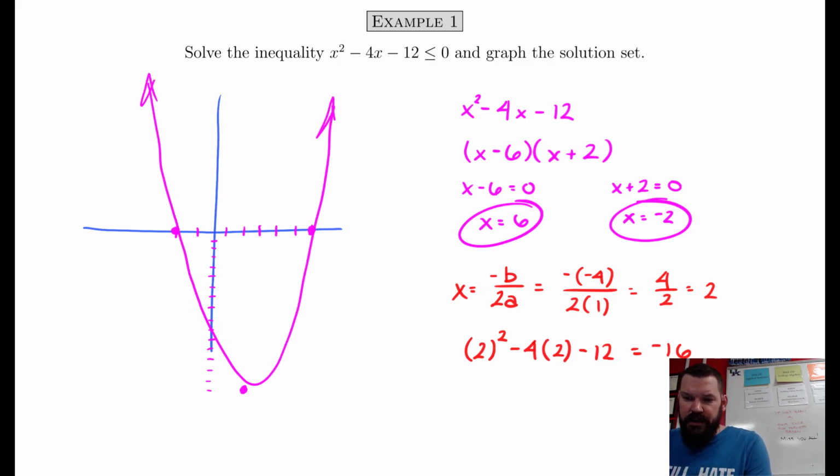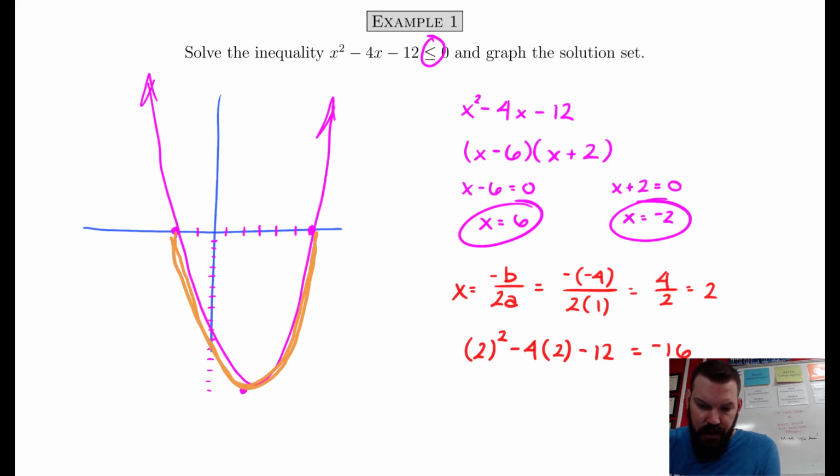But what we're interested in is the inequality itself. It says that this quadratic is less than or equal to 0. So what values make this graph lie below the x-axis? Where is this graph below 0 on the x-axis? And this portion of the graph right here is what lies below the x-axis.